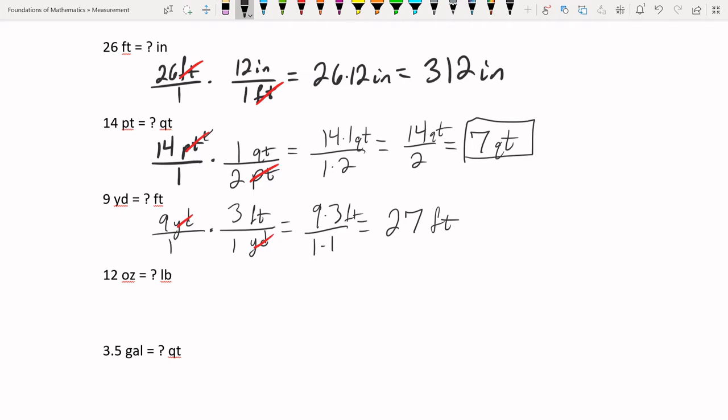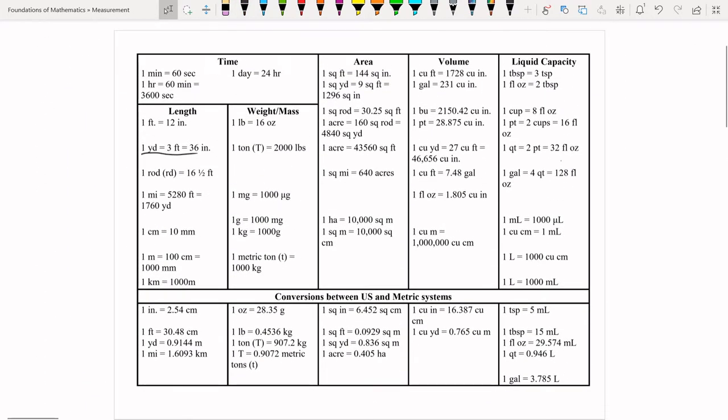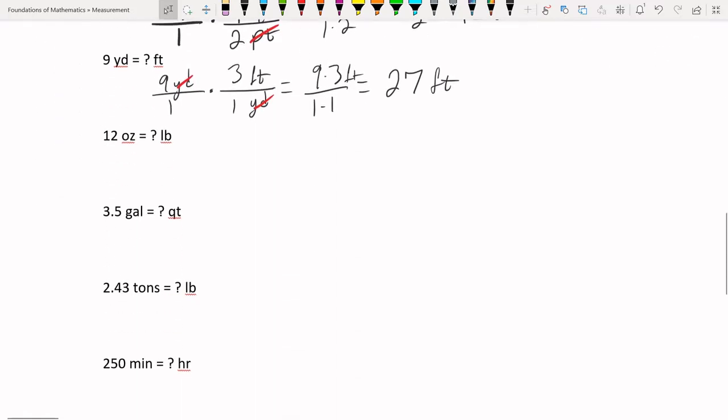Okay, 12 ounces equals how many pounds? This right here is pounds and ounces. Maybe a different color here. Make it stand out more. 1 pound equals 16 ounces.